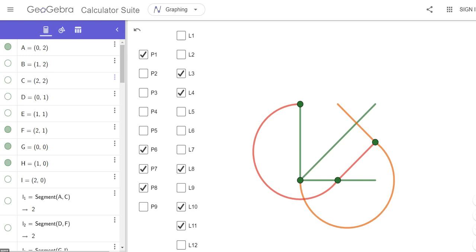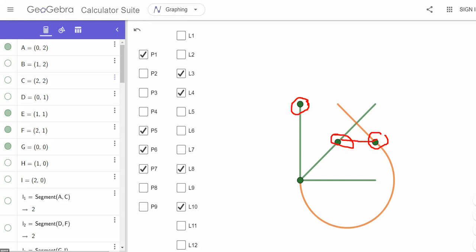Let's back up. So now let's try it. Let's see if this works. We have 3 lines, and to my knowledge, there's not a line that connects these 3, so we should be good. Okay, let's see what lines we need.